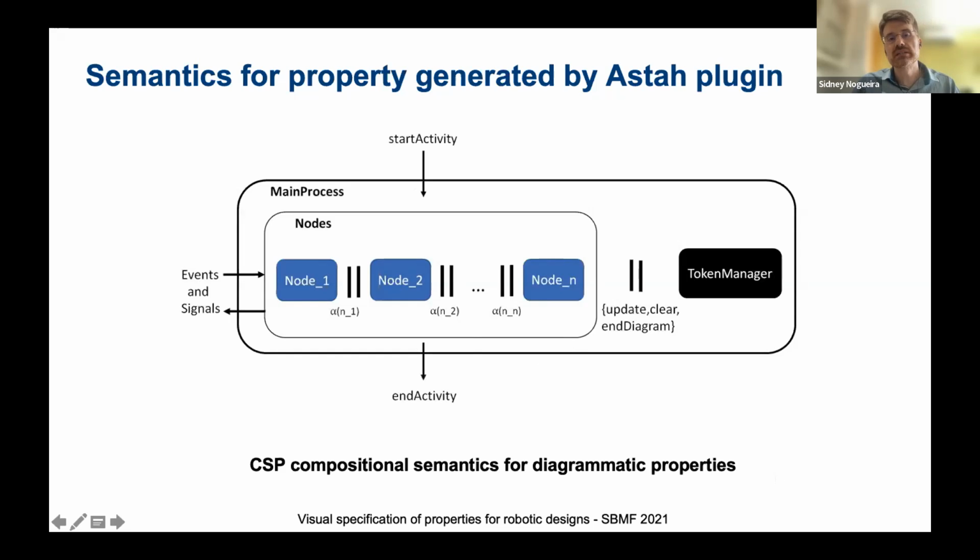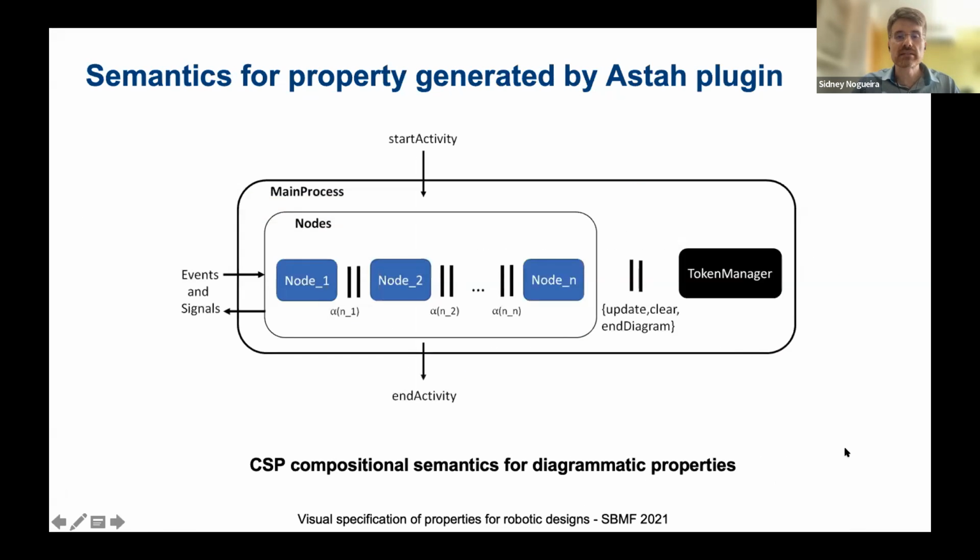If the output edge is of one node and the input edge of the other, they synchronize using the CSP parallel composition operator, and they are executed in sequence. These elements are defined in the diagram, and they are encoded in CSP as processes.